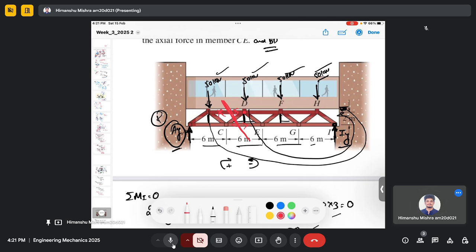There will be a force along CE which creates a moment about point D. So there will be the reaction force AY, this 50 kilonewton force, and the force in CE, which is creating a moment about point D.